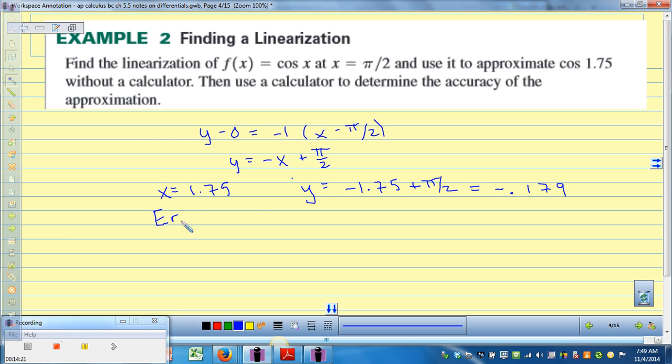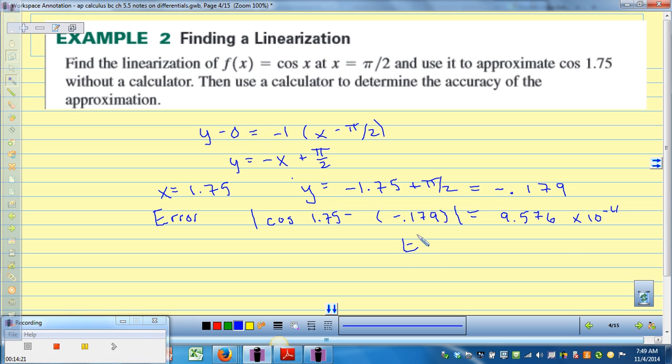So our error is going to be the absolute value of what? Cosine of 1.75 minus negative 0.179. And I get something like 9.576 times 10 to the negative 4.